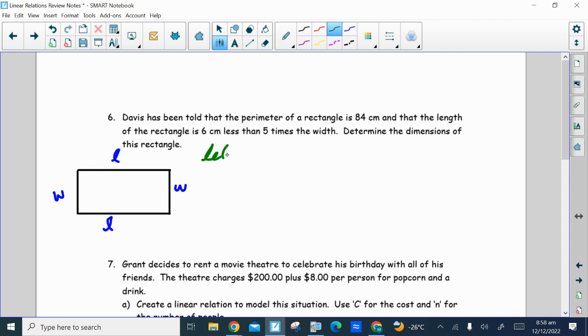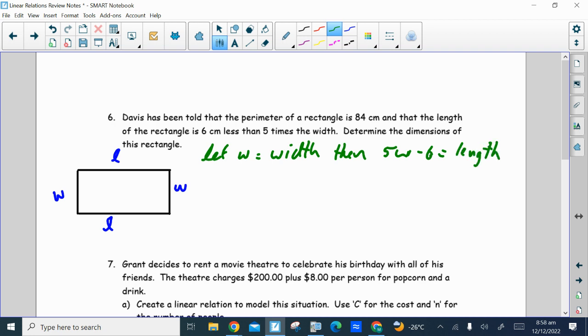So if I let W equal the width, then the length is 6 less than 5 times the width. So that would be 5W, that's 5 times the width, less 6, subtract 6, that will equal the length.